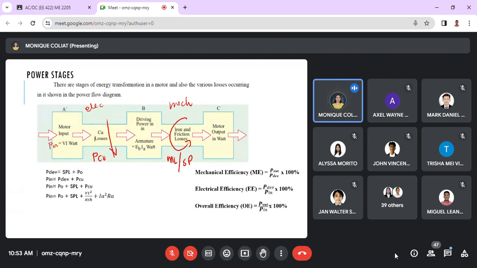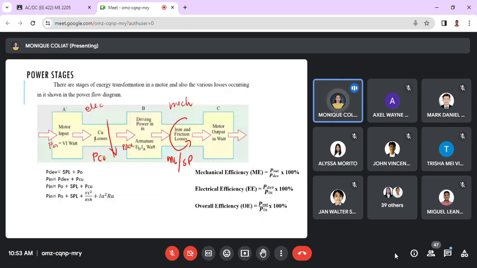Okay, so to get PDEV, that is SPL plus PO.